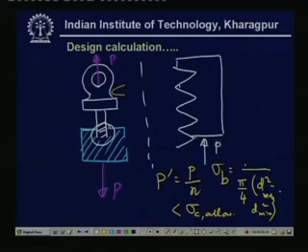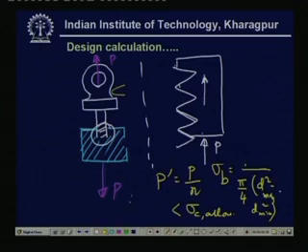What is normally observed is that the first 2 or 3 threads will take the lion's share, the majority, of the load. As we progressively go from this side to the other side, the load taken by each thread becomes very, very small.